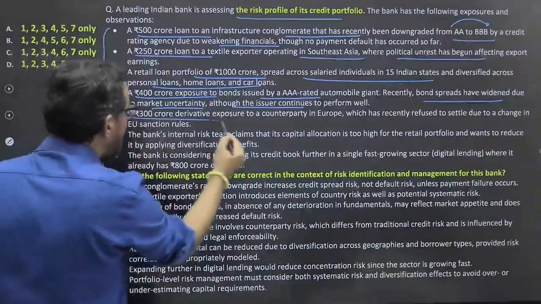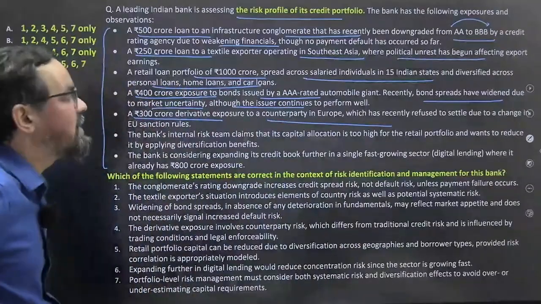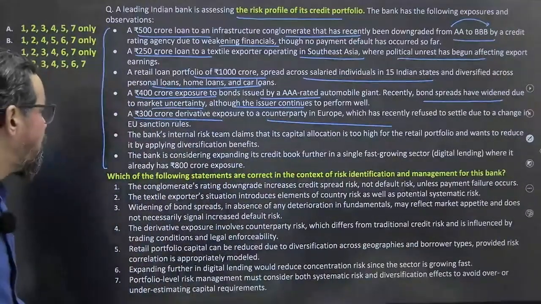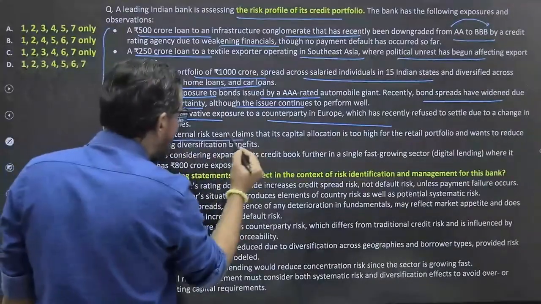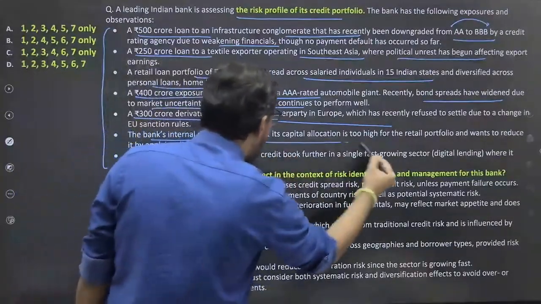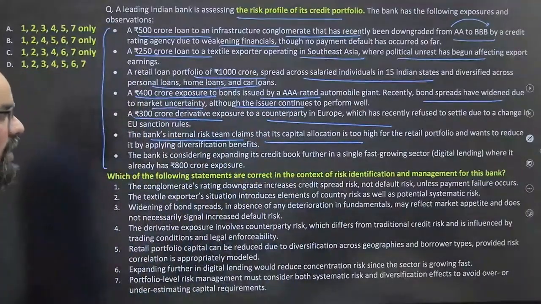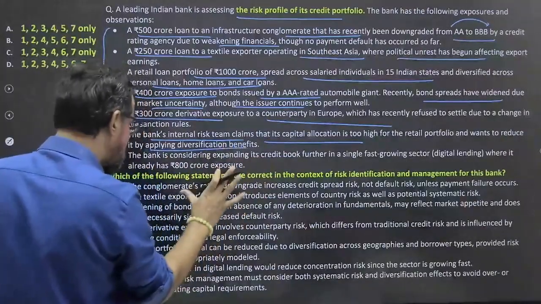300 crore rupees derivative exposure to a counterparty in Europe, which has recently refused to settle due to a change in European Union sanctions rules. The bank's internal risk team claimed that its capital allocation is too high for the retail portfolio and wants to reduce it, applying diversification benefit.